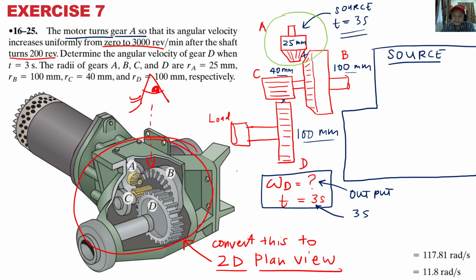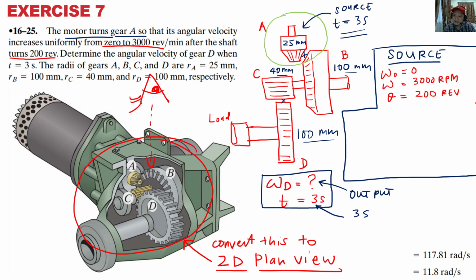Study this one. So it says here, omega naught is equal to 0. Omega is equal to 3000 RPM when theta hits 200 revolutions. There you go.